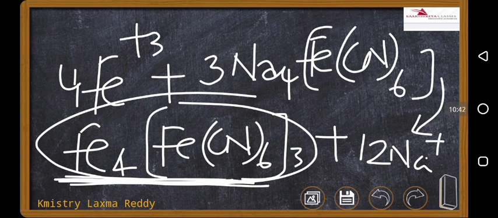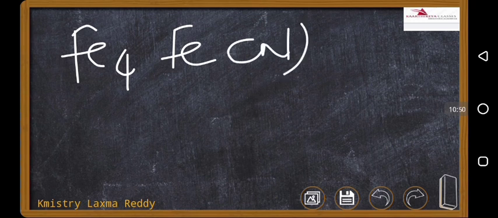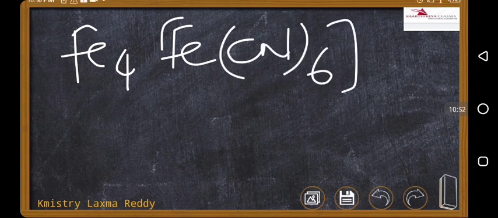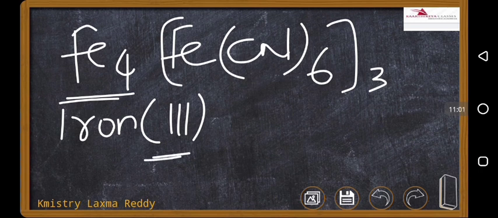This compound is called ferric ferrocyanide. What is the formula? Fe4[Fe(CN)6], like this, 3 are there. If you want to write the name, it is written as iron(III), that is ferric.